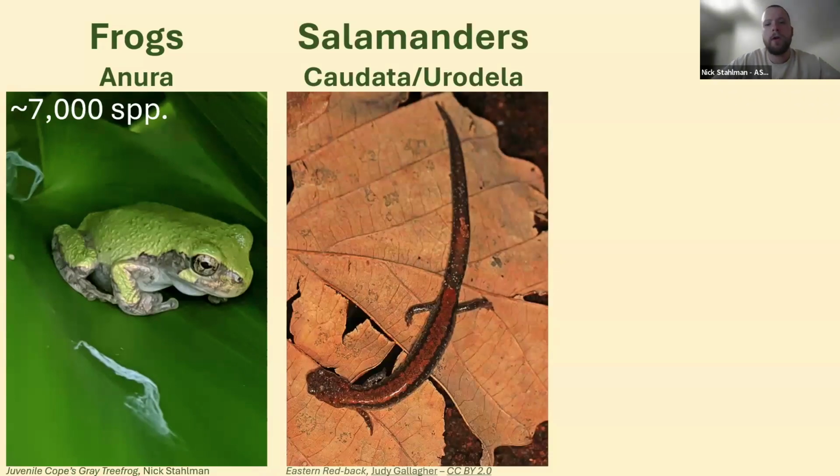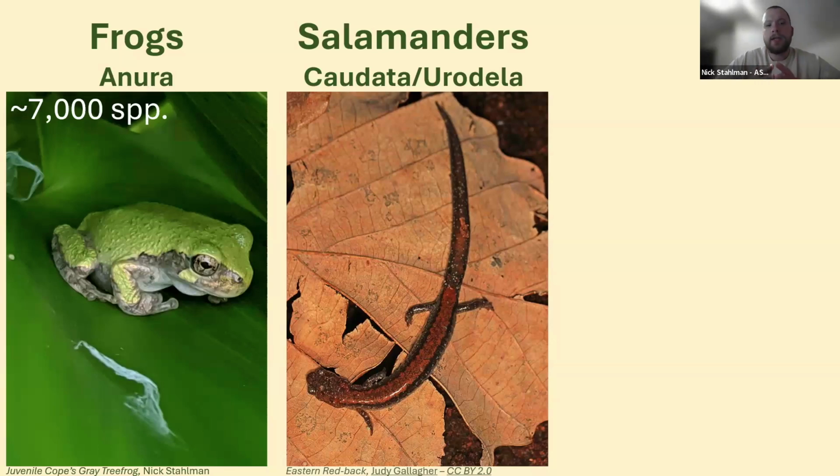Salamanders are the other one. They are in the order Caudata, or more recently, it's being called Urodela. So Caudata is Latin for tail, and Urodela is Greek for evident tail.